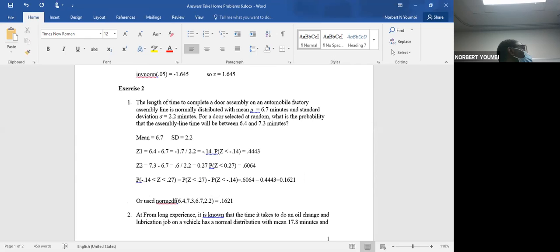Then in the parenthesis, you will enter lower value, upper value, mean, standard deviation. If you have a better calculator, that will tell you what is the lower value, what is the upper value, what is the mean, what is the standard deviation. You apply it, and you get your answer.